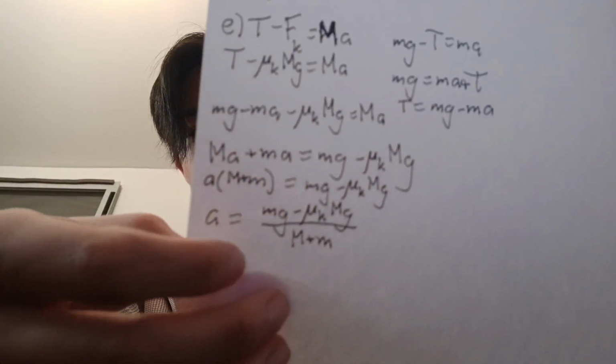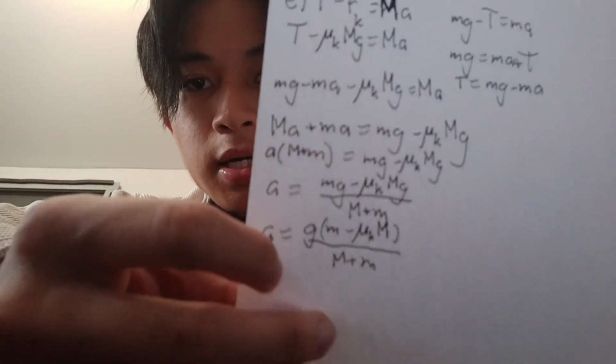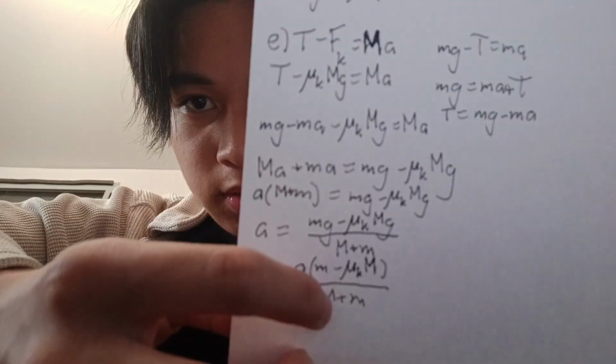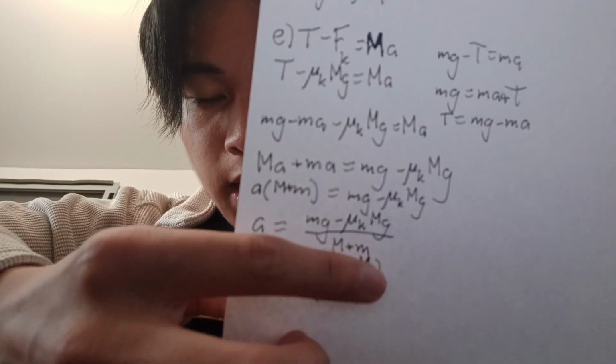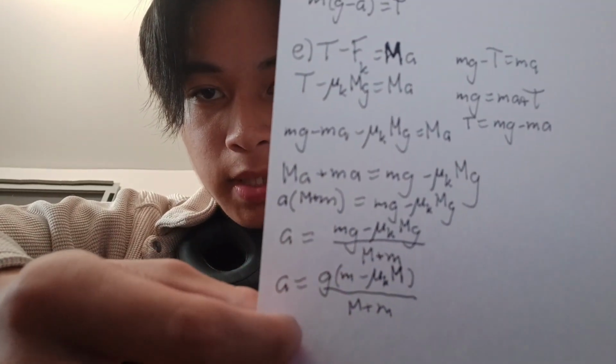And then get this, and then you can factor out a G too on the top. And so you get A equals G times lowercase m minus mu k capital M over the total mass.